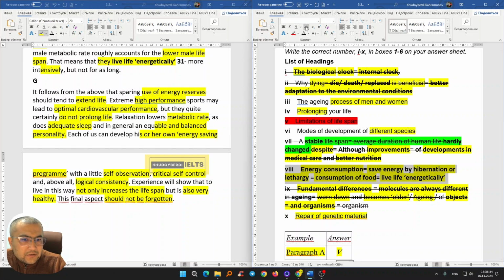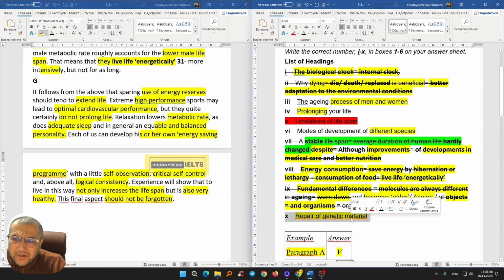Let's just cross it out. Repair of genetic material. Is it repairing something? Fixing? Constructing? No. Genetic material. So it's not going to be number 10 either. Sorry. So this is extra. And modus of development of different species, that is extra too. Modus of development or prolonging your life.